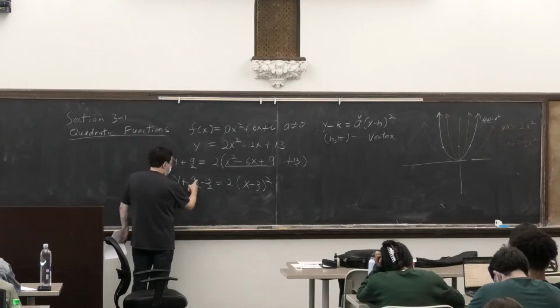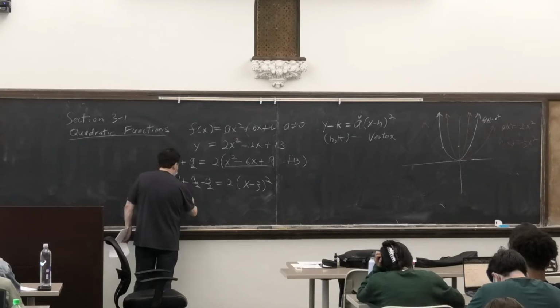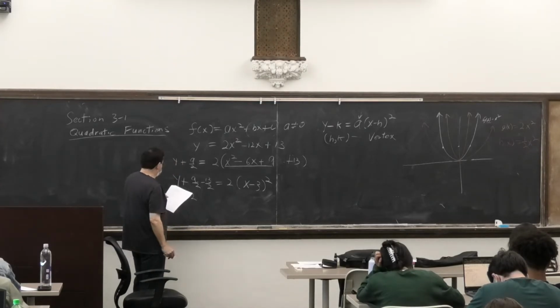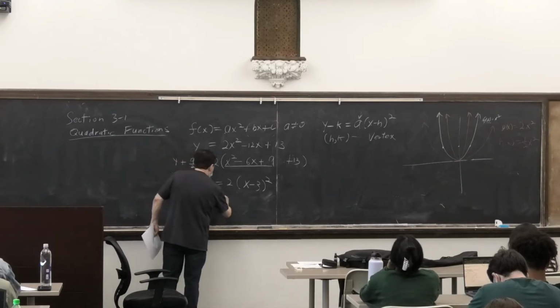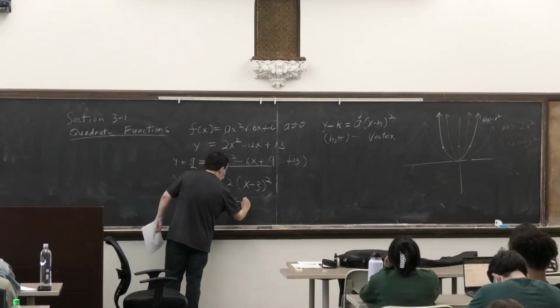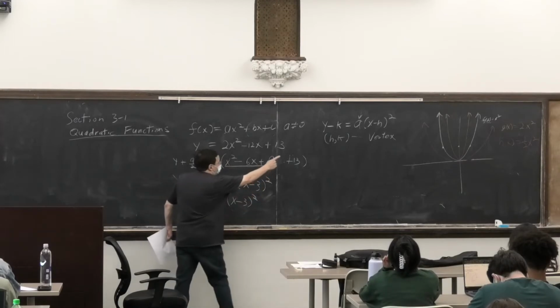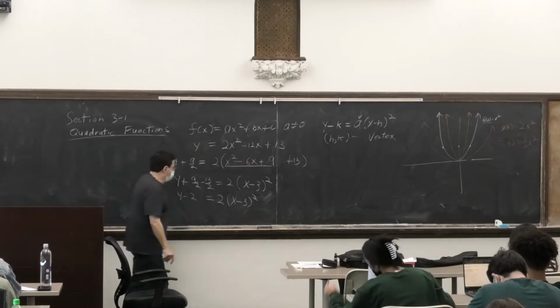Okay, so 9 minus 13 is minus 4, is minus 2. I think I got the right answer. This is the simple math. All right, somebody can find the error here later. But that's the idea. Now we have this in the form we want.